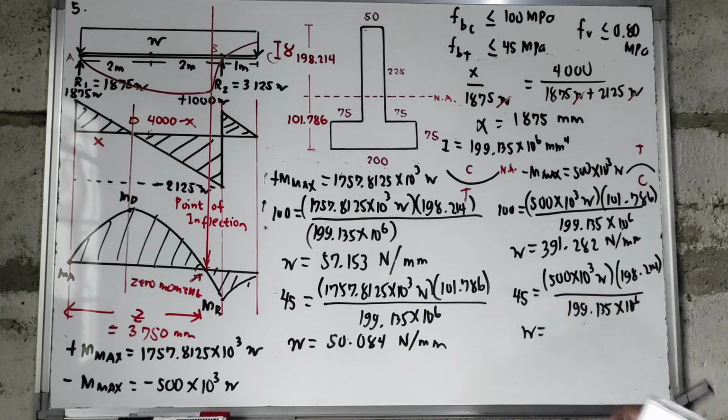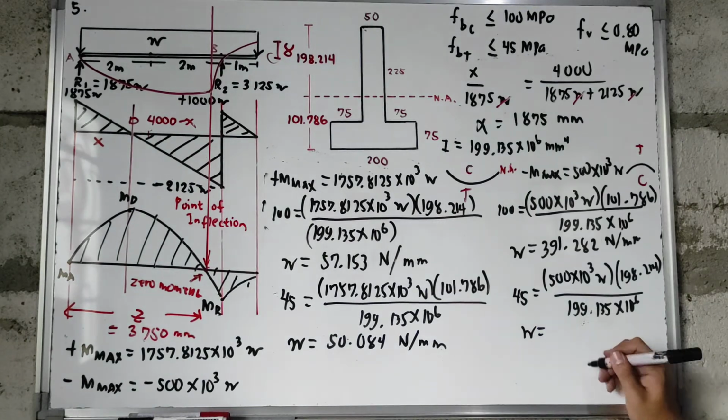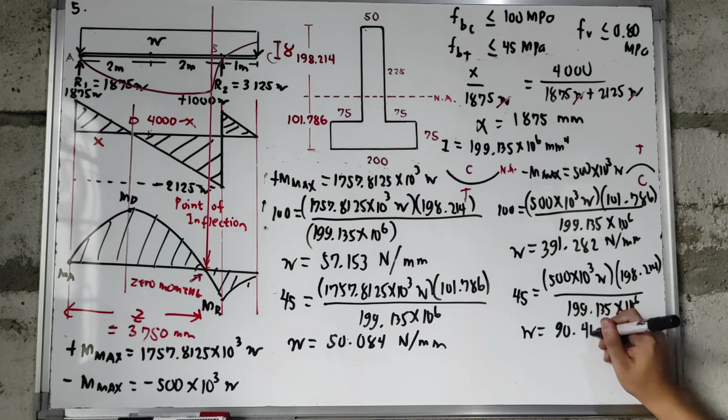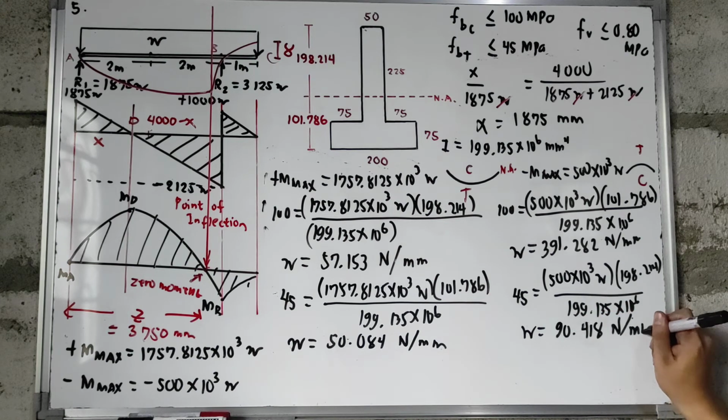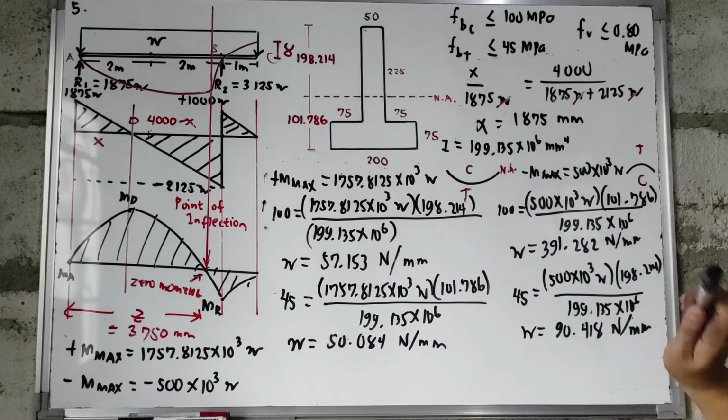So the value of your W here is now equal to 90.418 Newton per mm. So na-consider na natin yung compression side at saka yung tension side natin, yung positive Mmax and the value of your negative Mmax.